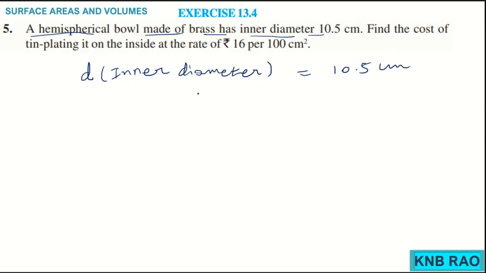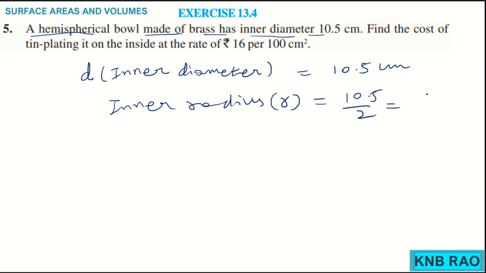Next, the moment I got inner diameter, it will give inner radius. Inner radius r is half of it. Okay, so 10.5 by 2, r I can write it as 21/4 centimeter.